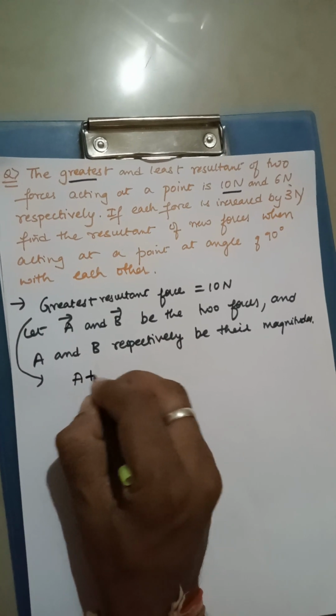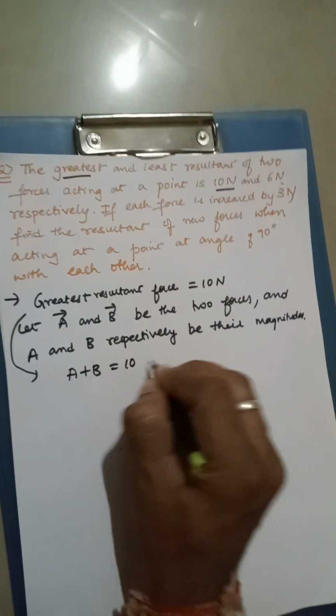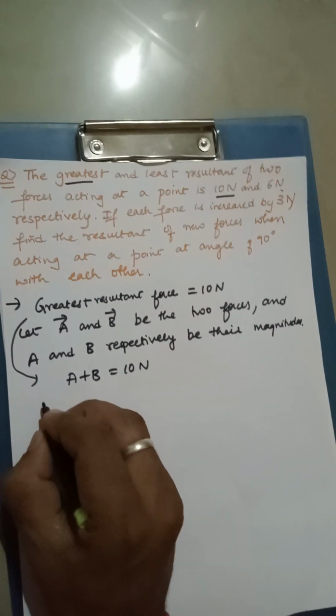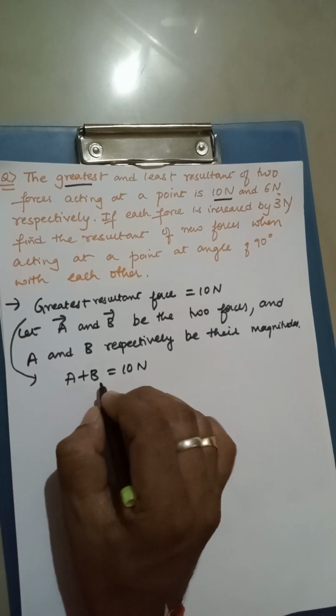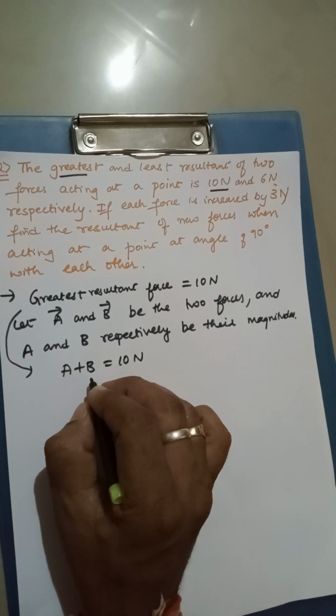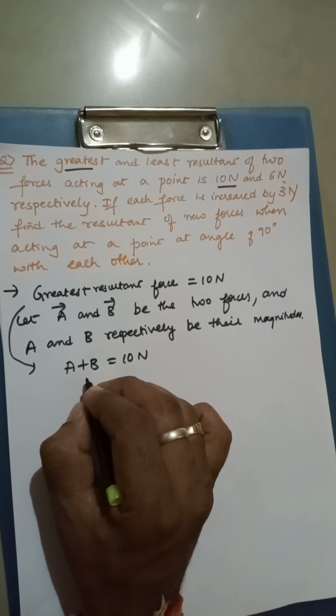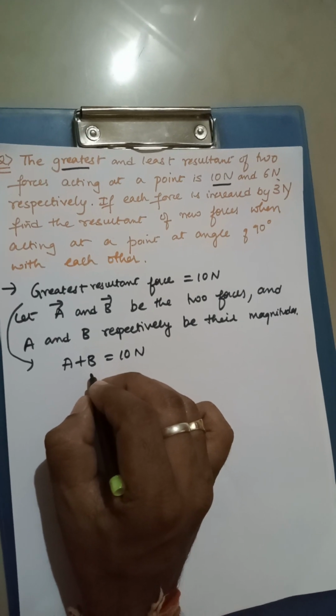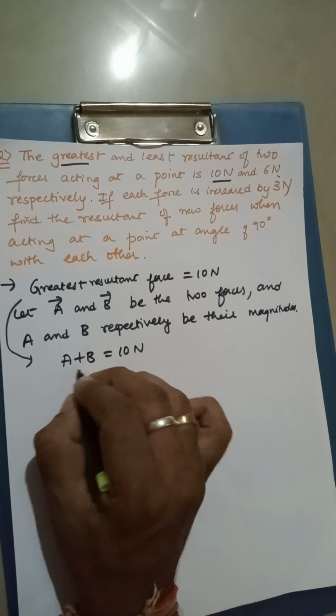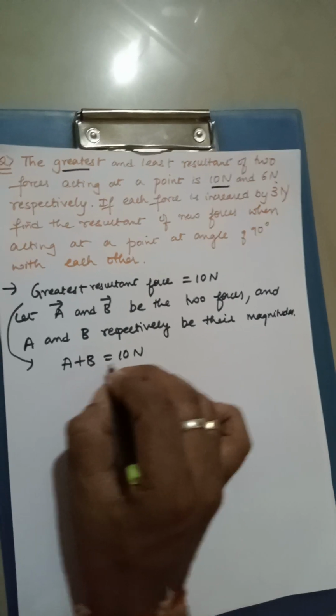So A plus B is equal to 10 newtons. When the vectors have the same direction, we just need to add the magnitudes to find the resultant vector's magnitude.